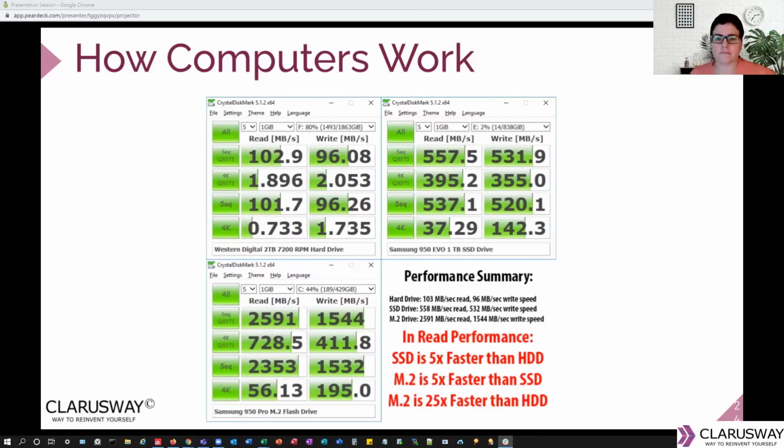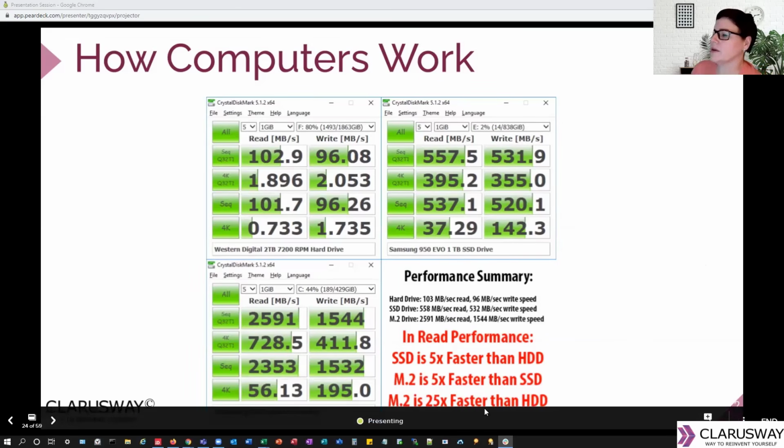Okay, so performance of each of the different drives. Over here on the right in red, it says that solid state drives are 5 times faster than hard disk drives.